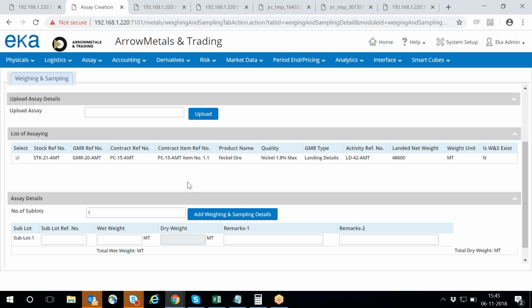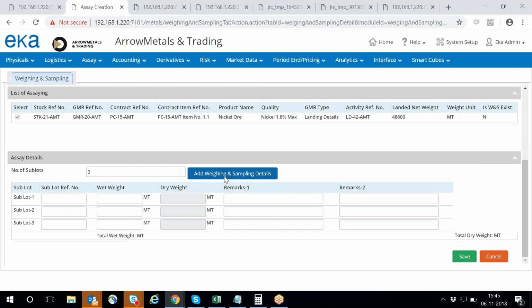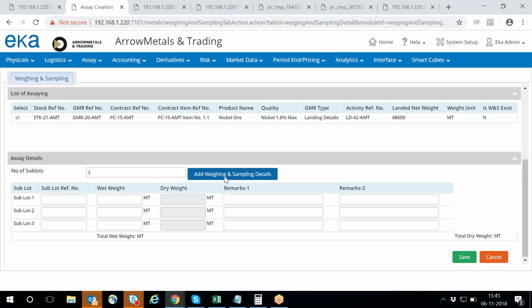Each lot may have different moisture, so one single stock can be split into 3 separate stocks, and individually we can put in the moisture. That's the reason the system makes the parent stock inactive, and it creates new sampling stocks based on the number of sublots you mentioned in weighing and sampling. This is the way it is handled in the system.